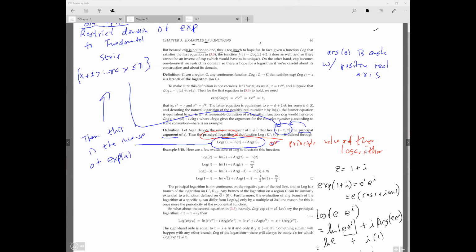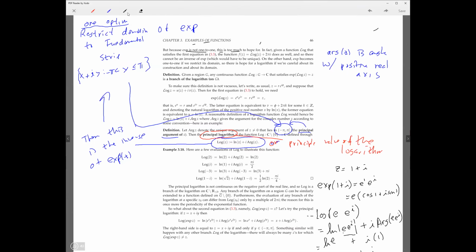Okay, so well, let me clarify that. I'll clarify that really quick. Here's how you can tell. If theta is between negative pi and pi, then the argument of e to the i theta is theta.